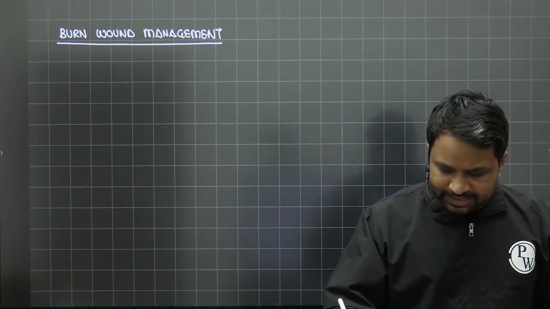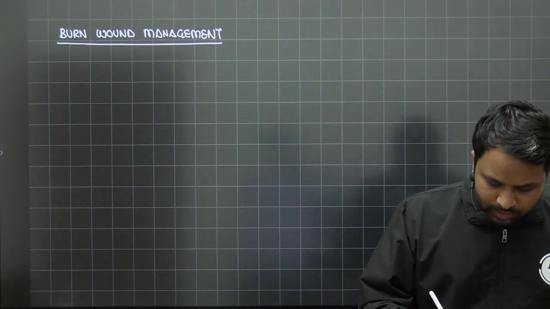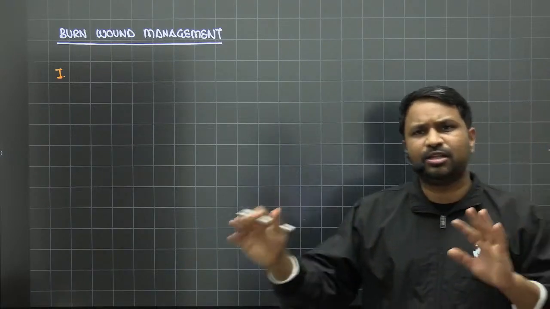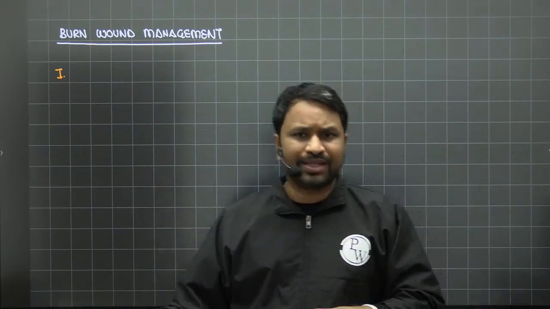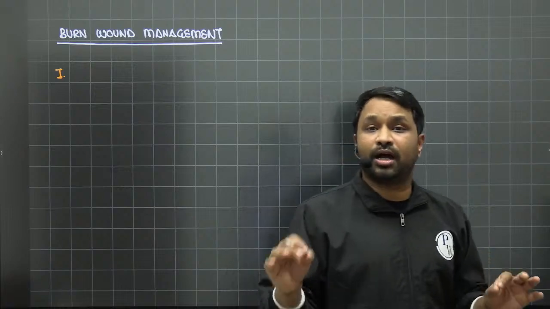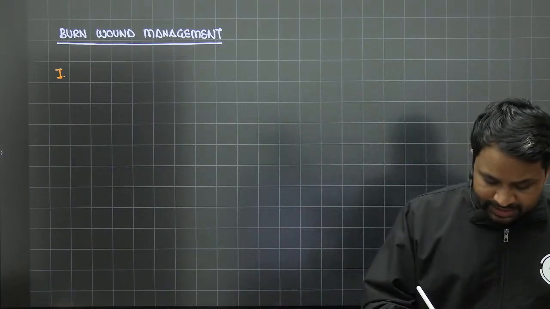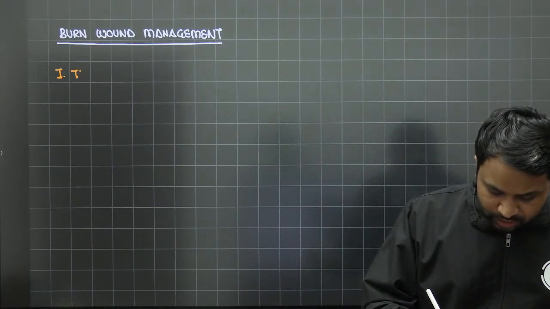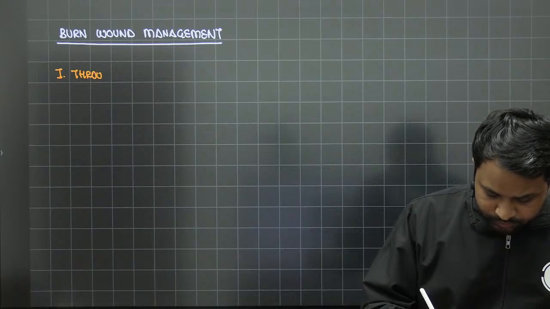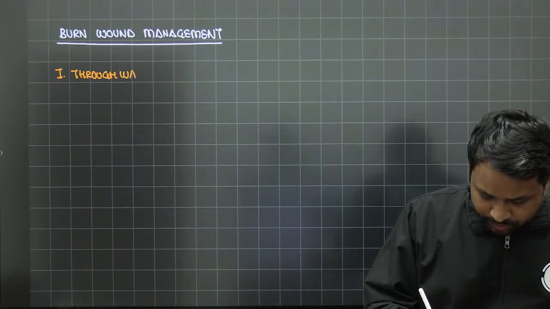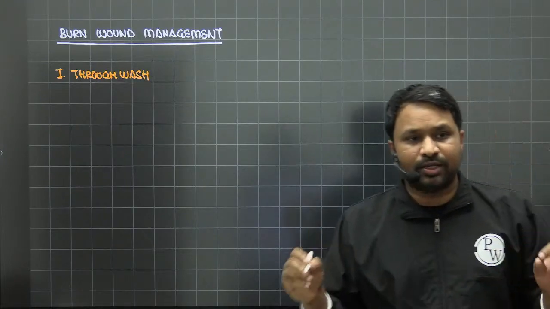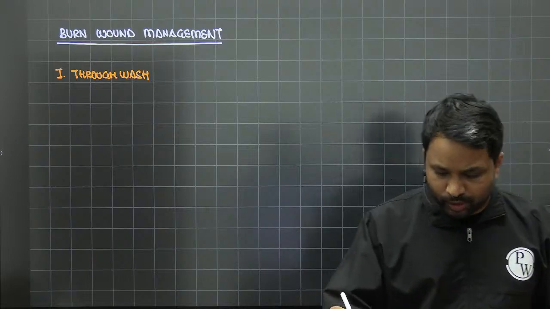The first thing, any patient who's been brought to your casualty, obviously you've done the primary survey, and you're now in the secondary survey. What are you going to do? The first thing, I am going to give a thorough wash. Now, there are a couple of important points about the thorough wash.